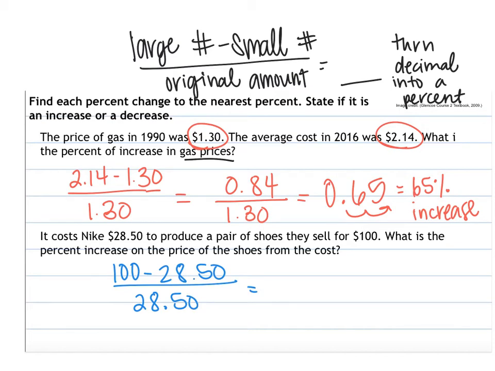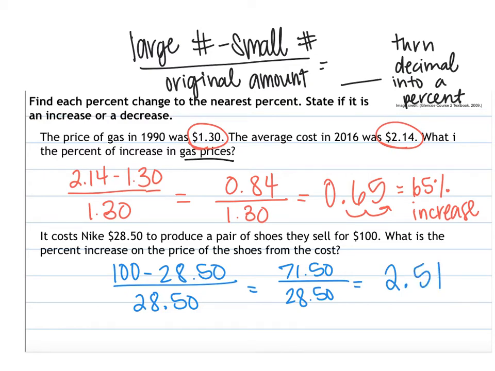So 100 minus $28.50 is $71.50. And you're going to divide that by the $28.50. And we get to the nearest hundredth.